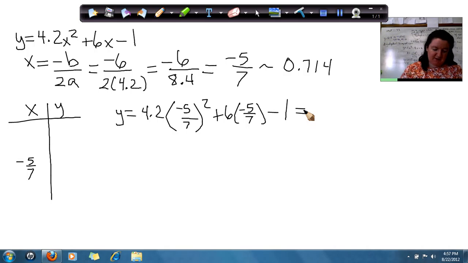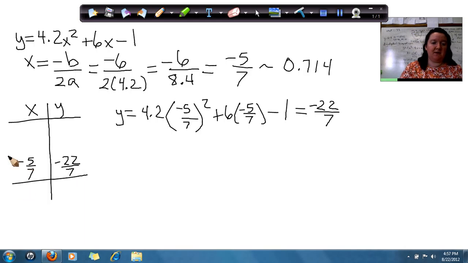So if I plug that into my calculator, I'm going to take 4.2 times a negative 5 divided by 7 squared plus 6 times a negative 5 divided by 7 minus 1. And that gives us a negative 22 over 7. Put in here, and that's our vertex point.